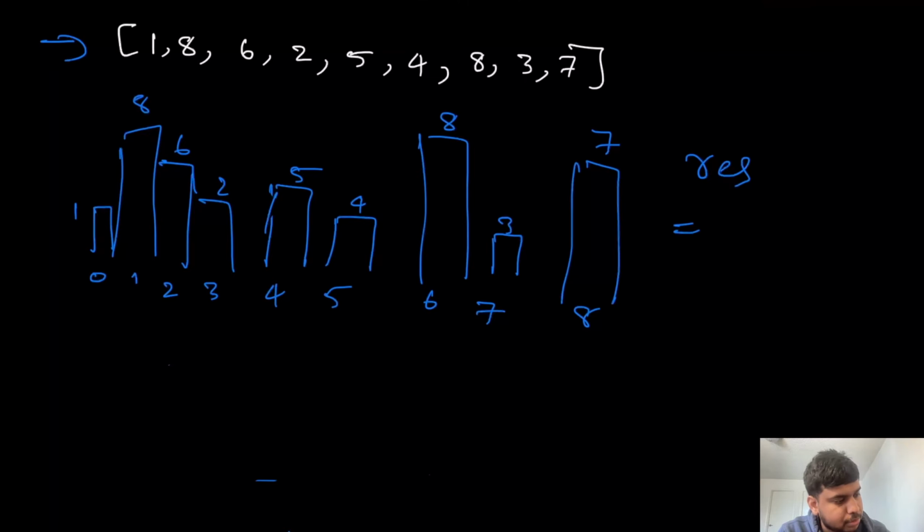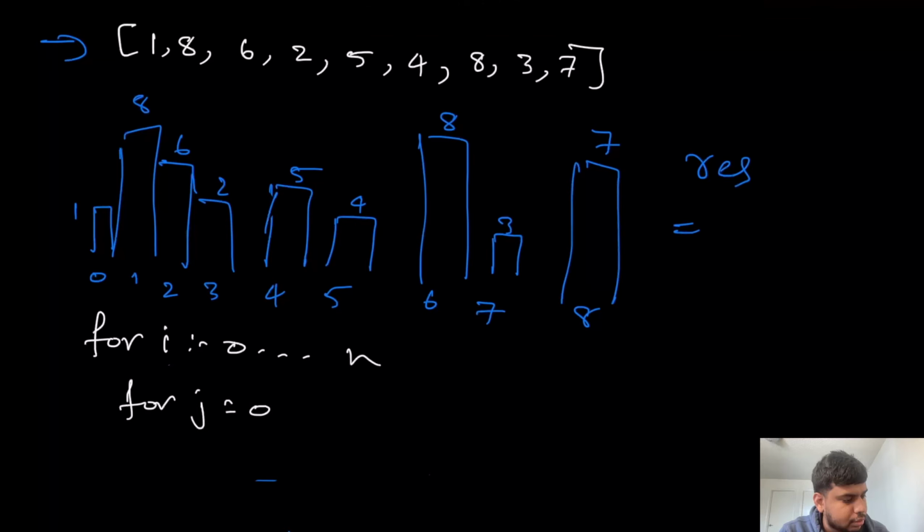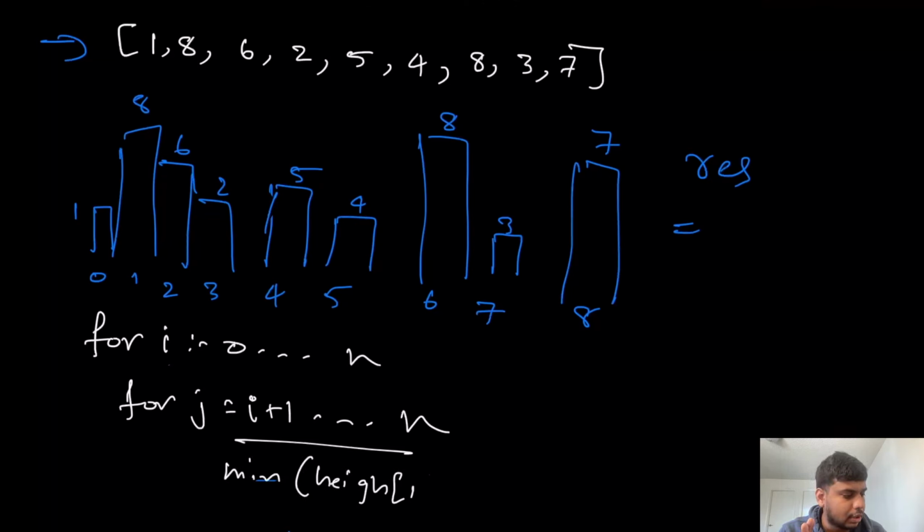Yeah, so the most brute force way is for i equal to 0 to n, and for j equal to i plus 1 to n. So you basically have one loop which goes from 0 to n, and you have another loop which goes from i plus 1 to n. And for each pair you find the min height between, let's say, height of i and height of j.